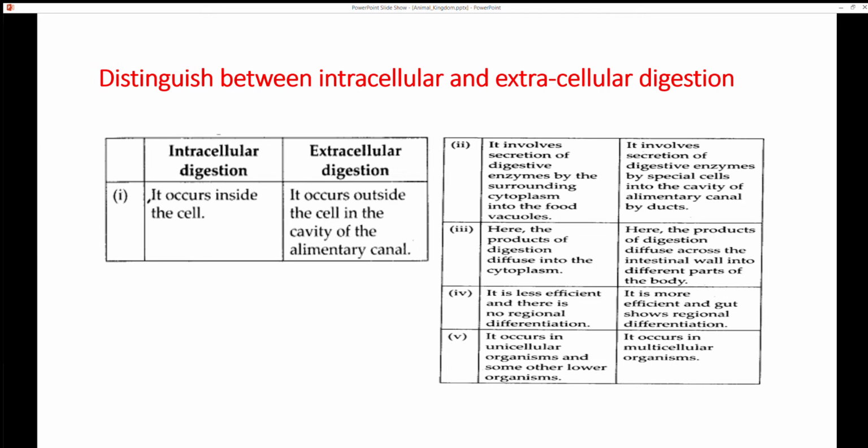Intracellular digestion is less efficient and there is no regional differentiation. Extracellular digestion is more efficient and the gut shows different regional differentiation. Intracellular digestion occurs in unicellular organisms, simple organisms, and some other lower organisms, but extracellular digestion occurs in multicellular organisms.